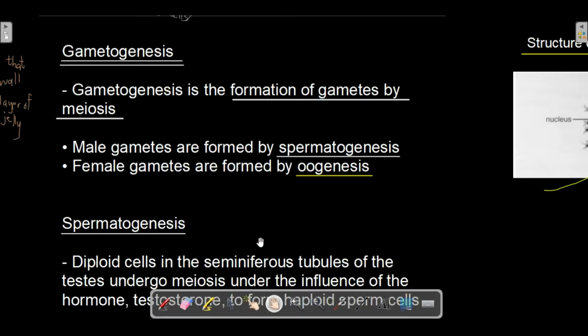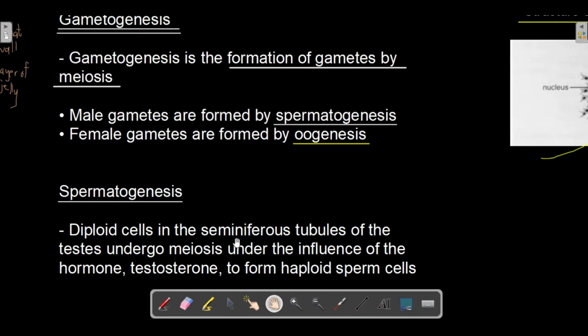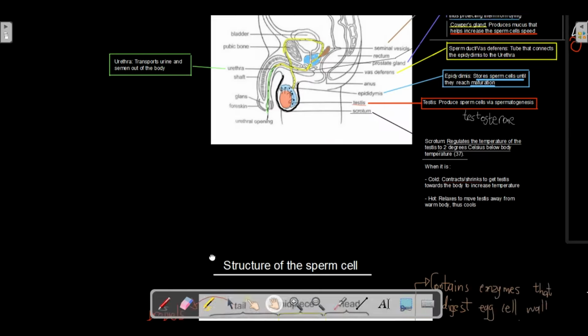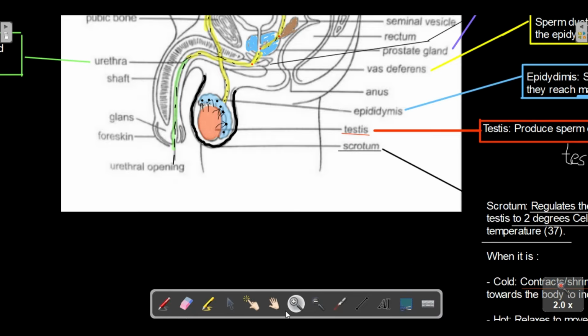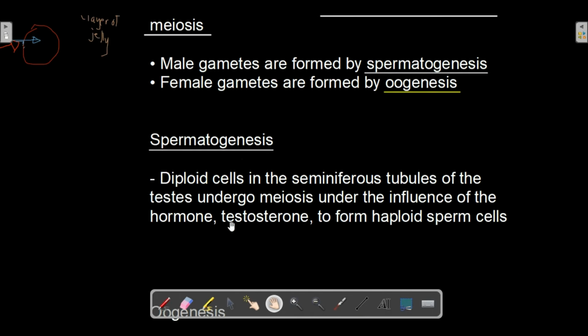Simple as that. For spermatogenesis, you have diploid cells in the testes. In the testes, you have structures that we call seminiferous tubules. The seminiferous tubules have diploid cells, the somatic cells. The somatic cells undergo the two meiotic divisions under the influence of the hormone testosterone.